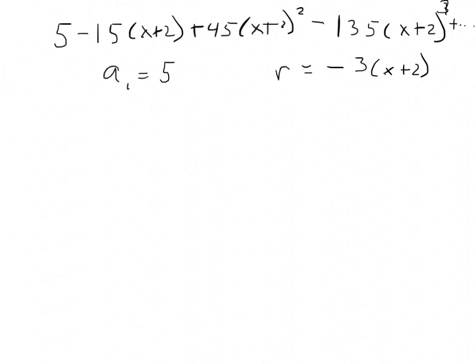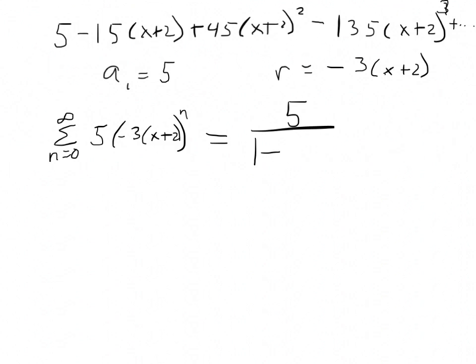Now that I have those things, I can say that this infinite series, the sum from n equals 0 to infinity of 5 times negative 3(x+2) to the nth, will be the first term over 1 minus, now my common ratio is negative, so this will be plus 3(x+2).